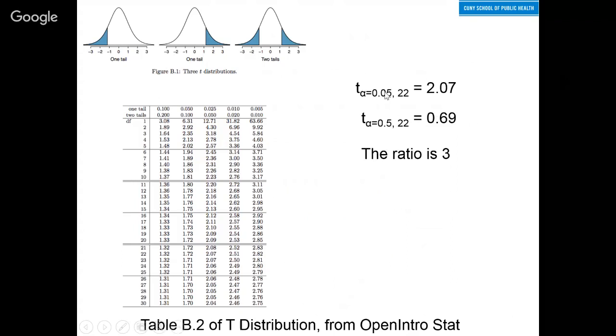Just by way of example, going up to 22 degrees of freedom, the t-statistic at an alpha level of 0.05, a 95% confidence interval, is 2.07. Let's see if we can actually see that here. Here's 22 degrees of freedom. And here at this column, one tail is 0.025, two tails is 0.05.